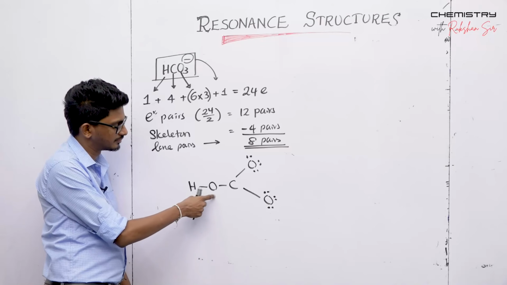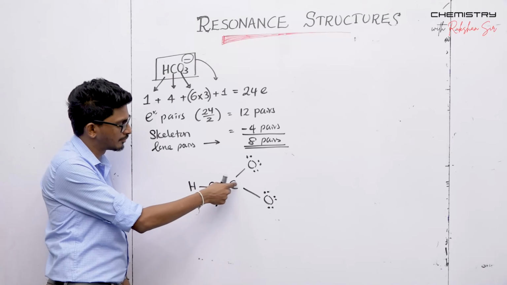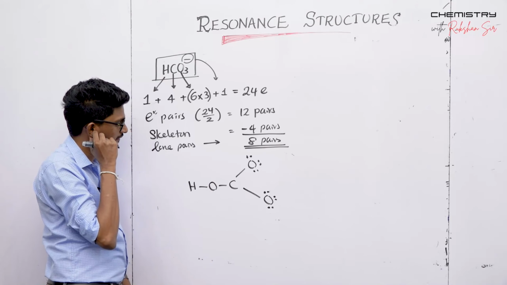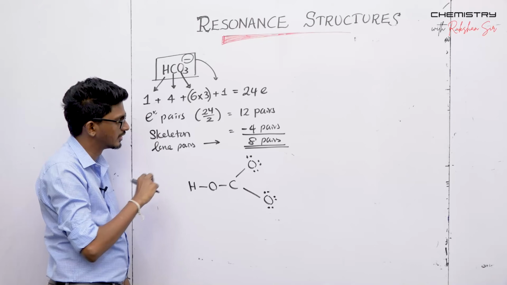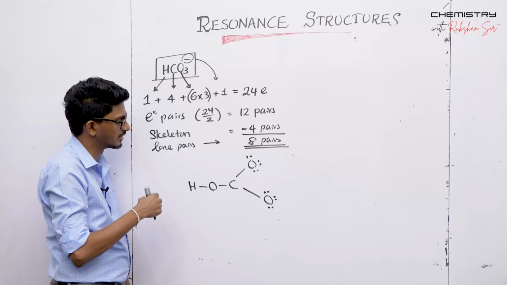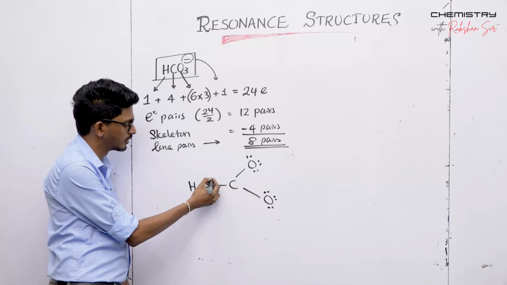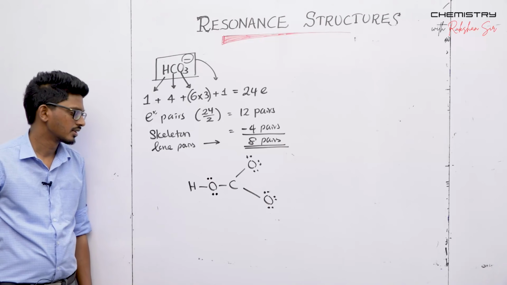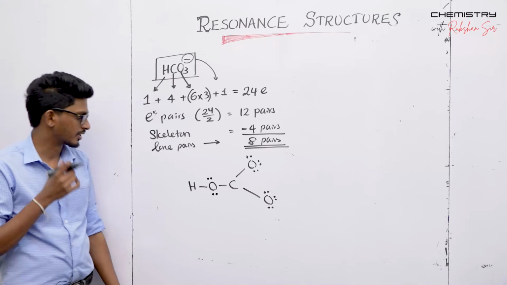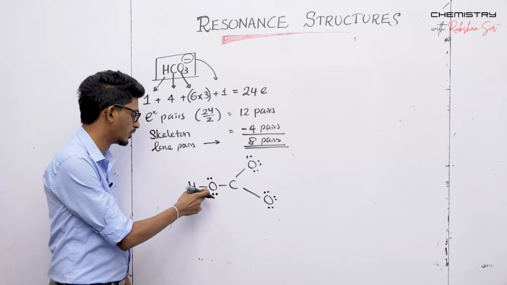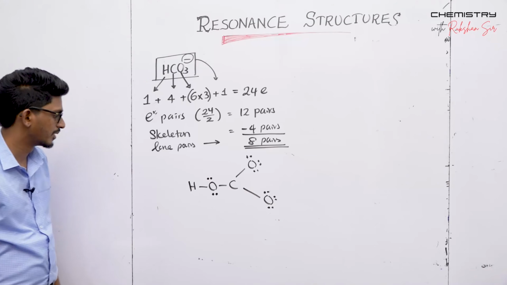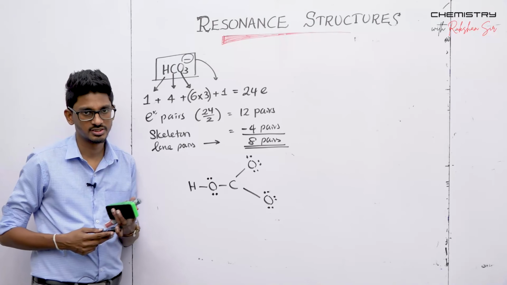Ultimately we come to the center. We have another 2 electron pairs left, so we can give those to this atom, so that oxygen's octet is also fulfilled, as 4 electron pairs are going around that oxygen. 4 electron pairs means octet, 8 electrons.